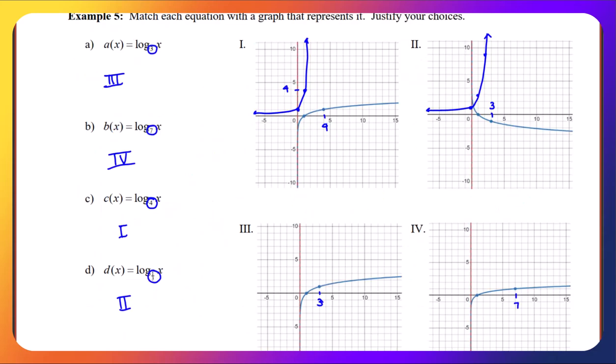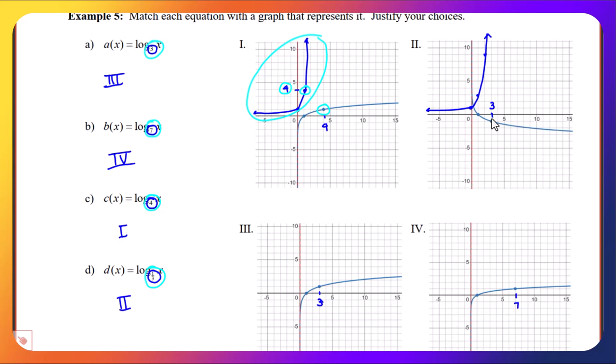So looking at example 5, we can see that the only difference is the bases are changed. Let's take a quick look at a couple of exponential functions. If this is the point (4, 1), the exponential is the point (1, 4), which means what to the first power is 4? Well, 4 to the first power is 4. Same thing here.